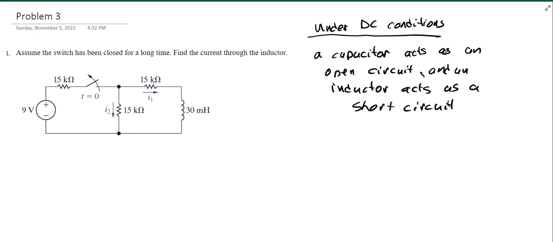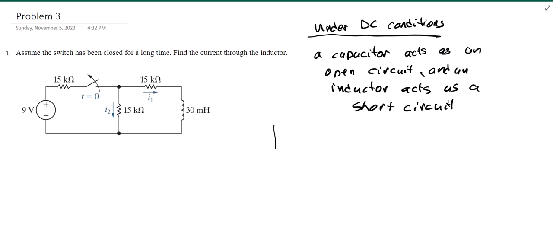But after enough time, the current is no longer changing, so there is no magnetic field, so there's nothing to oppose the current. So after enough time, an inductor acts as a short circuit.